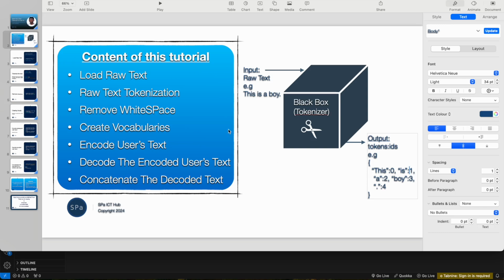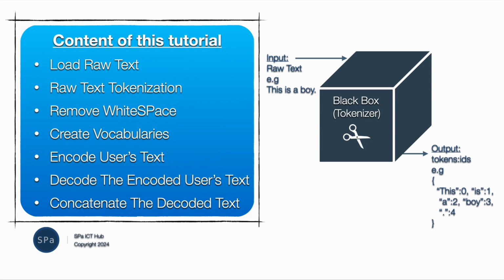All right. So you can see that the output of this tokenizer is what we can see at the right side of the screen. Let's proceed. Let's jump into load raw text.